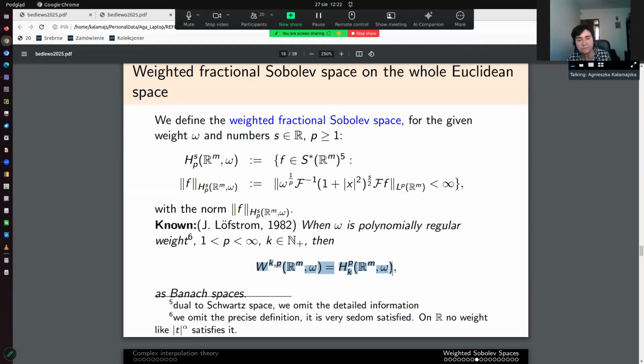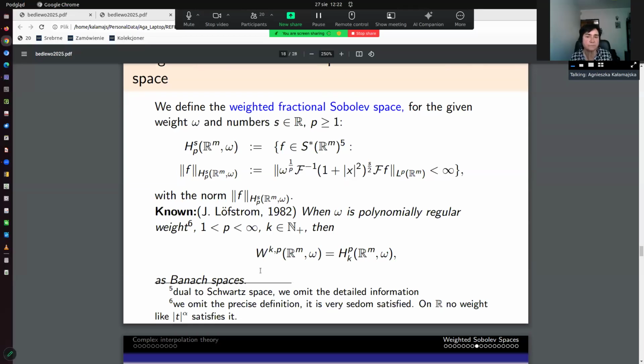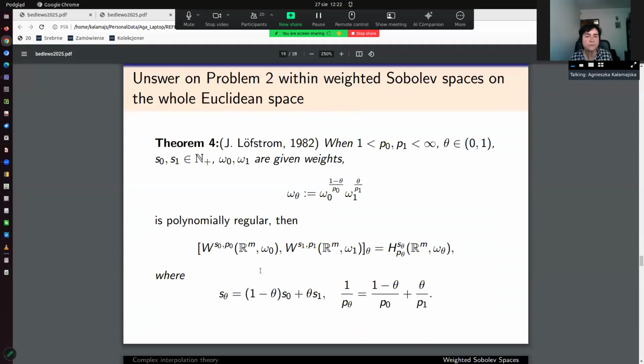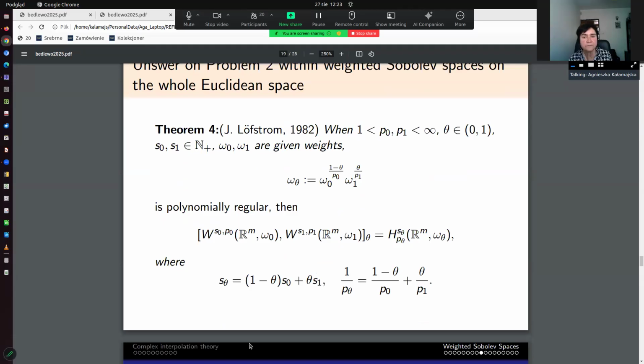So we can have a Bessel potential space. It then coincides with the Sobolev space, but in many cases it's not the same. It is some kind of function space. And then Löfström has proven that as far as P0, P1 are reasonable, between 0 and infinity, I take theta in between 0 and 1.